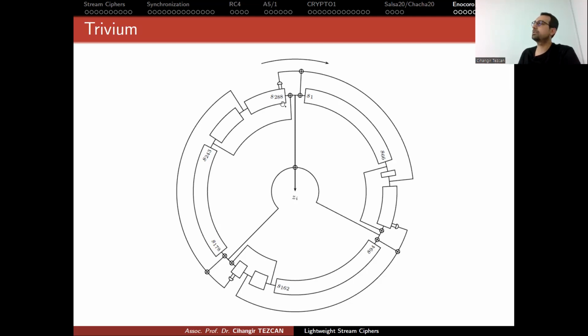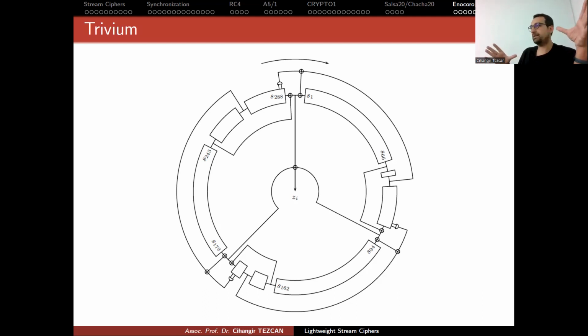Initially, you have an 80-bit secret key, and you have the nonce IV, and you fill it, but you run this algorithm more than 1,000 times, if I'm not mistaken, 1,440 something. So this way, you actually modify the internal state, then it is ready to produce the key stream.